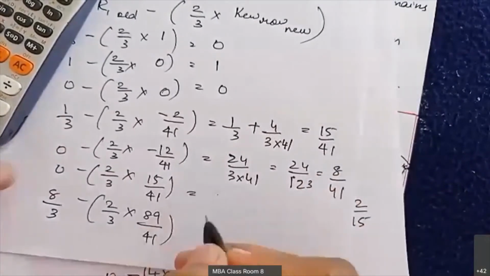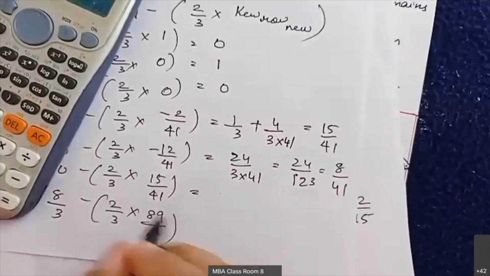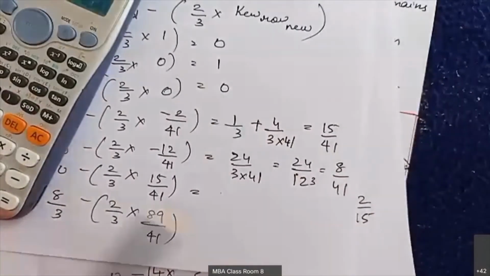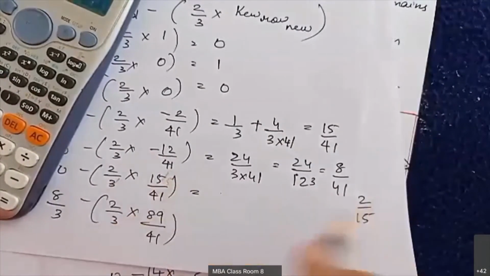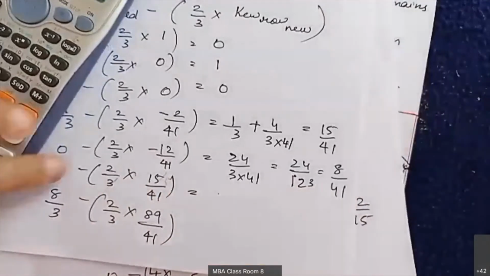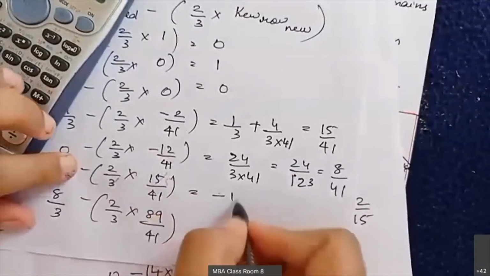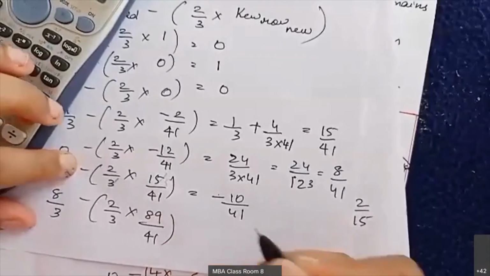Now next one. So you can cut over here. This is 5. 2 into 5. Here you have already negative. 2 into 5 is 10 divided by minus 10 divided by 41.